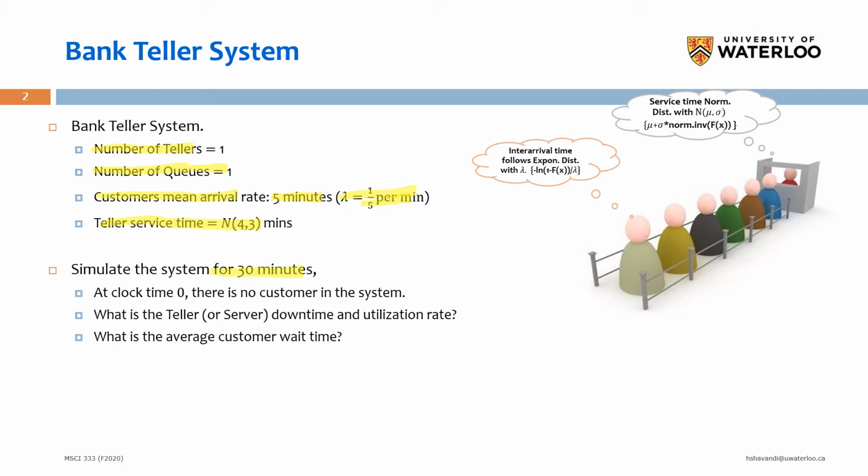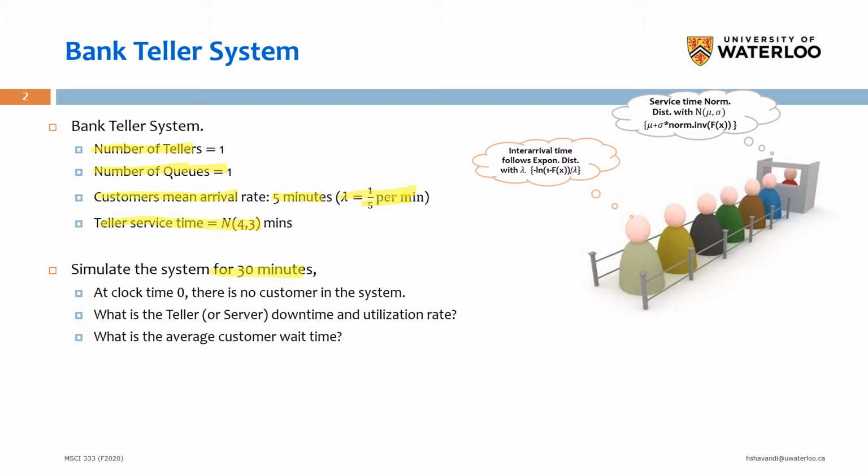This is the first difference between the discrete event simulation approach and the Excel approach. As you remember, in Excel we were tracking the customers one by one individually, so we simulated the system for, for example, 100 customers.